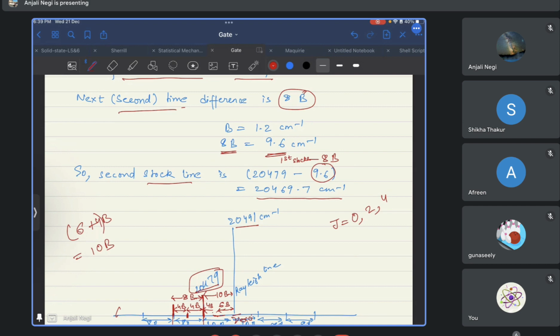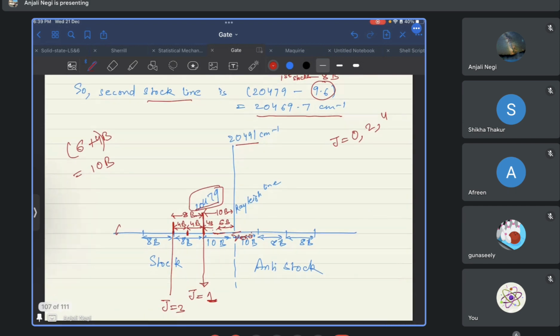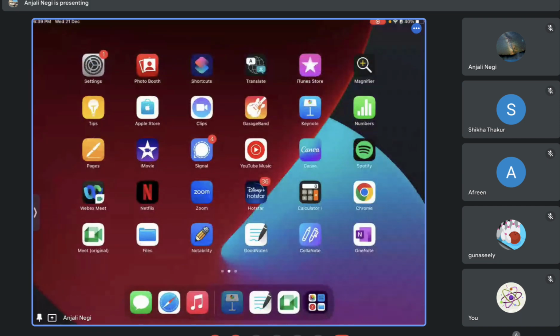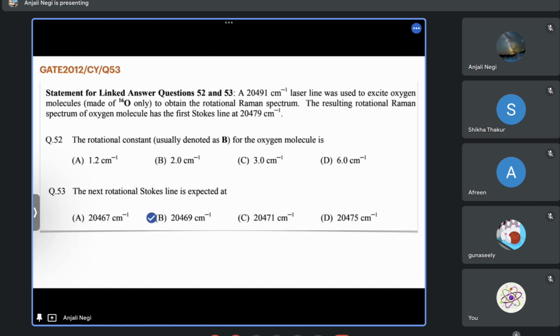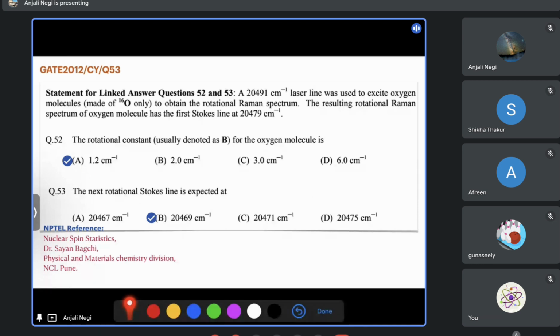So this is my second Stokes line. So this is the entire solution for the linked question number 52, 53. First we solved for the B value, 1.2 centimeter inverse, and in the second part we solved for the next rotational Stokes line, which was 20469 centimeter inverse.